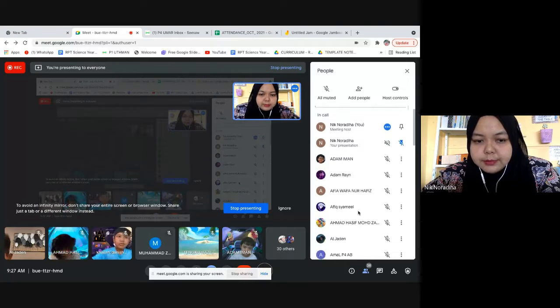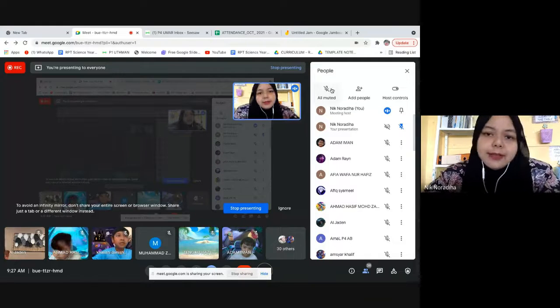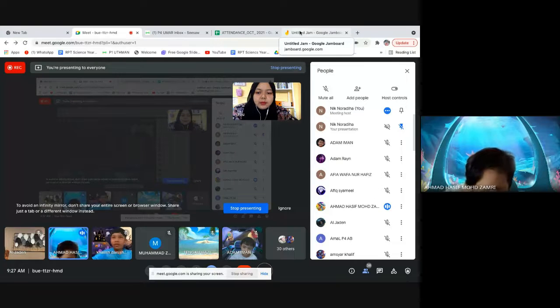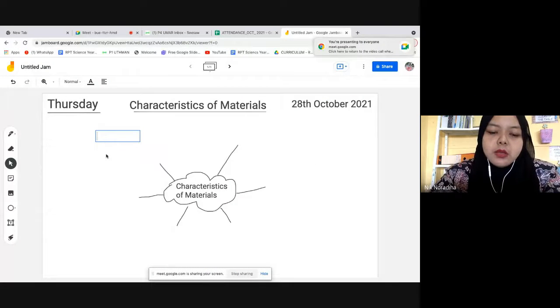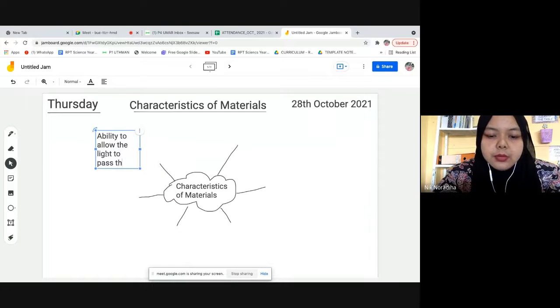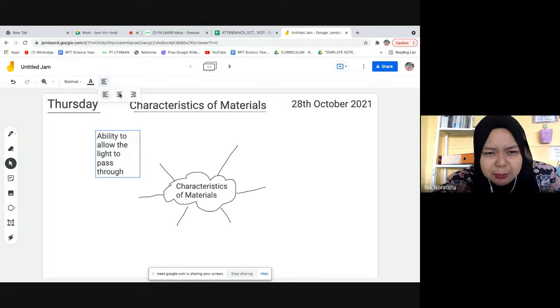Asif, one characteristic. Transparent, translucent, opaque. Okay, transparent, translucent and opaque. The ability of an object to allow the light to pass through, whether that object can allow the light to pass through or not. Number one.